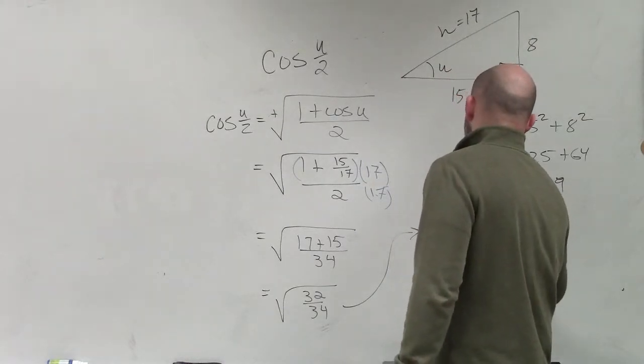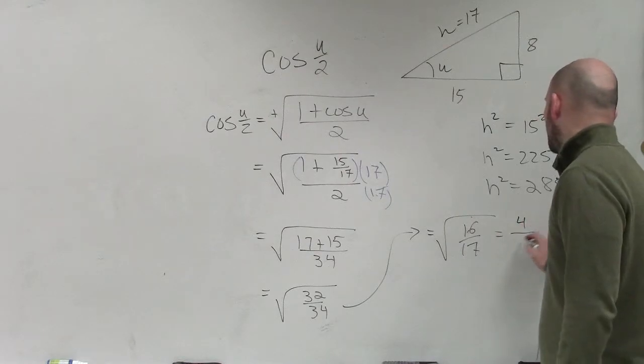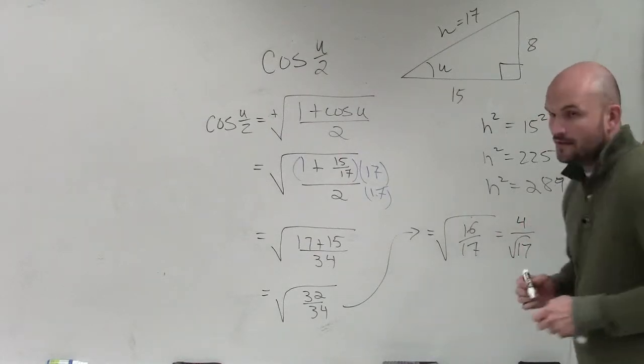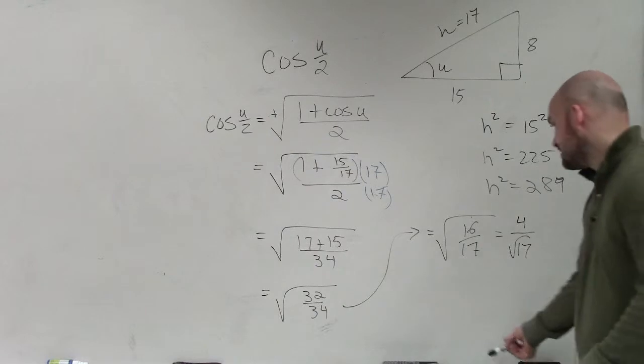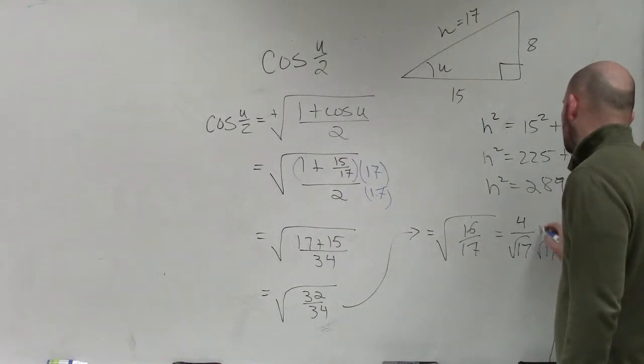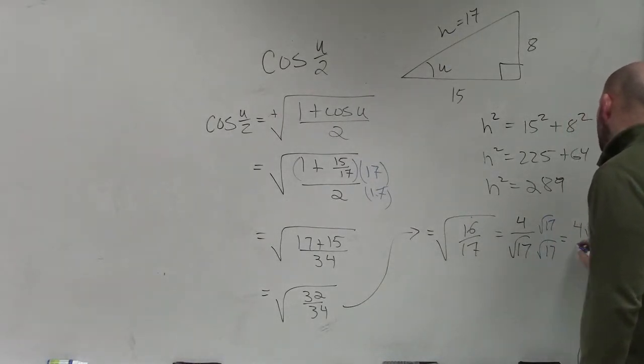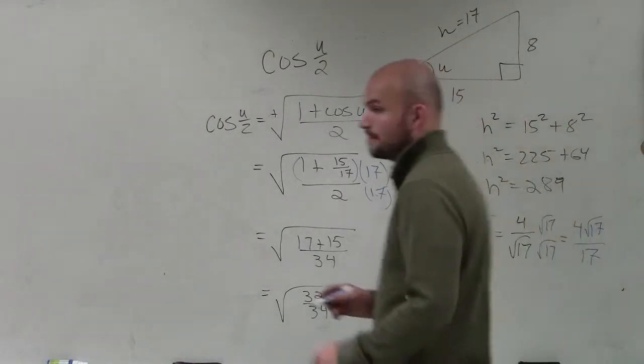So the square root of 16 over 17 simplifies into 4 over the square root of 17. Then you have to rationalize the denominator. And your final answer is 4 square root of 17 over 17.